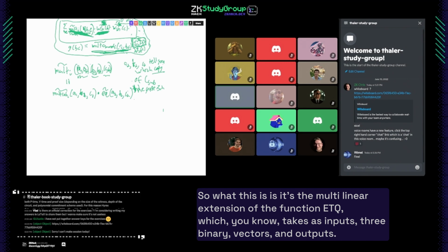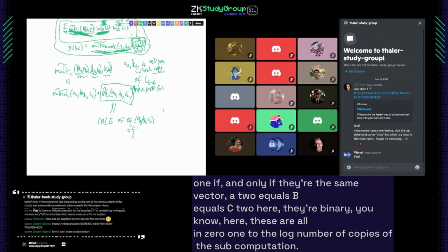Okay, so this is the multilinear extension of the function EQ, which takes as inputs 3 binary vectors and outputs 1 if and only if they're the same vector, A2 equals B2 equals C2, and 0 otherwise. Here they're binary, all in {0,1} to the log of the number of copies of the subcomputation.